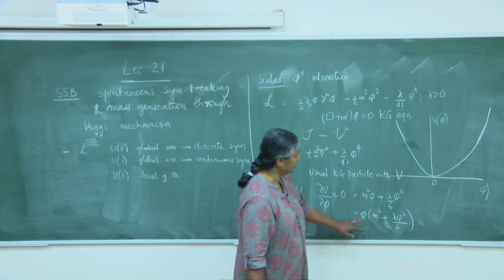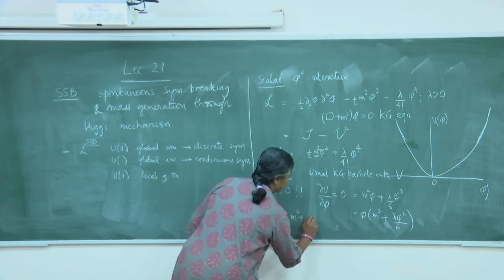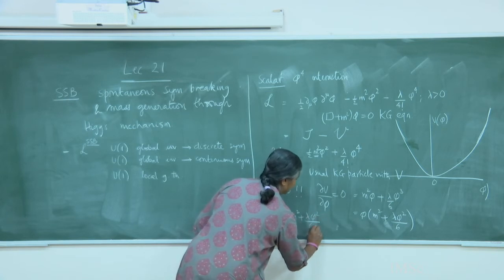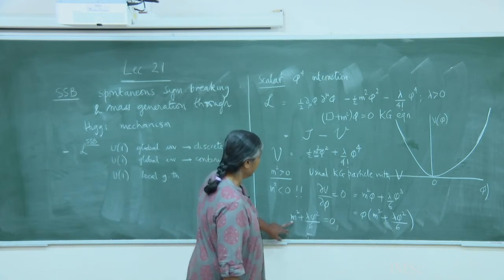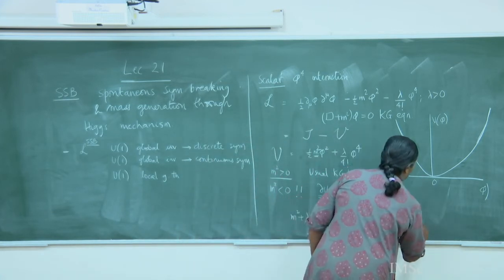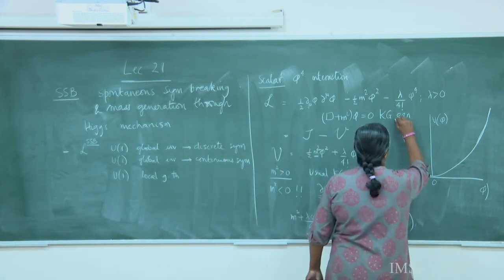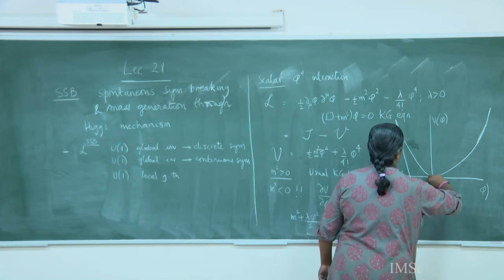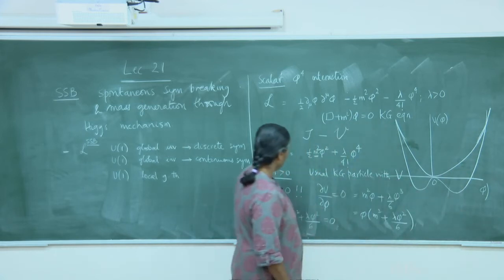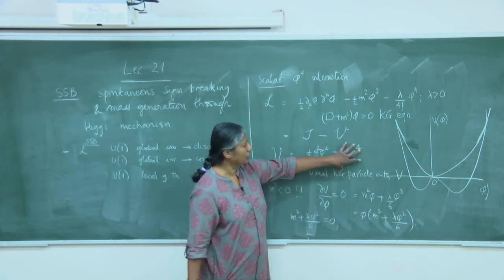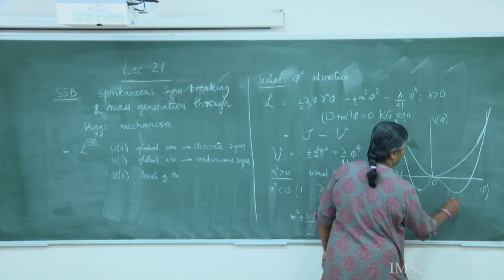So phi equal to 0 is still a solution, but the other solution is m squared plus lambda phi squared by 6 is equal to 0, or phi squared is equal to minus 6 m squared. So let me write it here, phi squared is equal to minus 6 m squared by lambda, right? So you can see that at large values of phi, of course this term will dominate, so they will match at large values of phi, but the minimum now is at these 2 points.